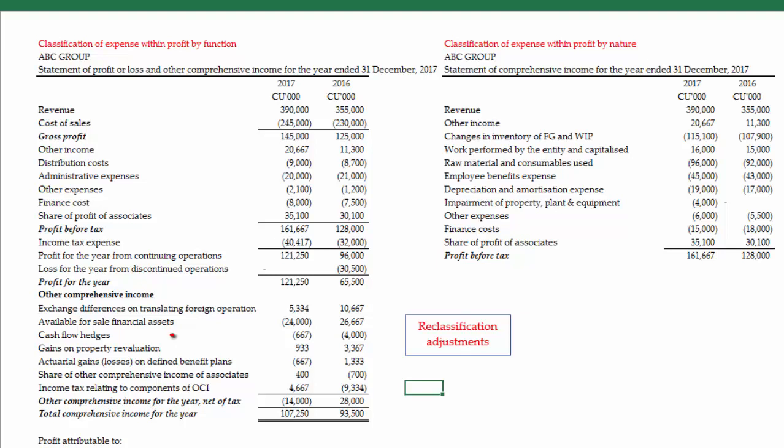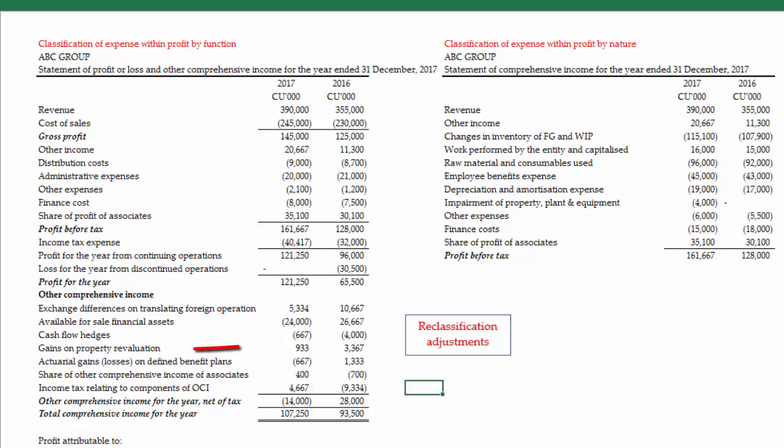And also, when this cash flow hedge forecast transaction affects profit or loss, it will be reclassified to profit or loss.